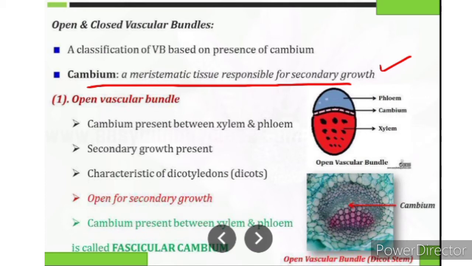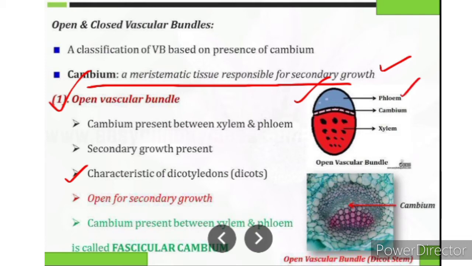If cambium is present, such vascular bundles are known as open vascular bundles. Open type vascular bundles are common in dicots. In such vascular bundles, we find secondary growth. The cambium is present between xylem and phloem, as represented here in the vascular bundle.